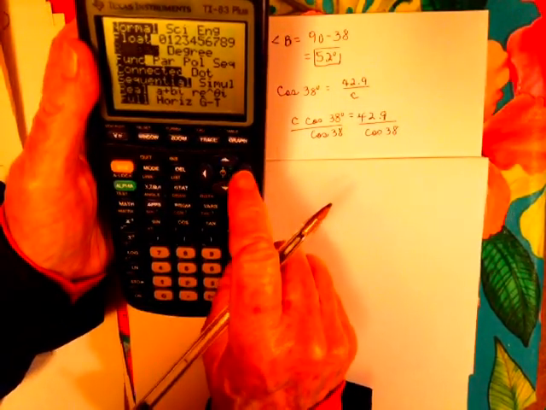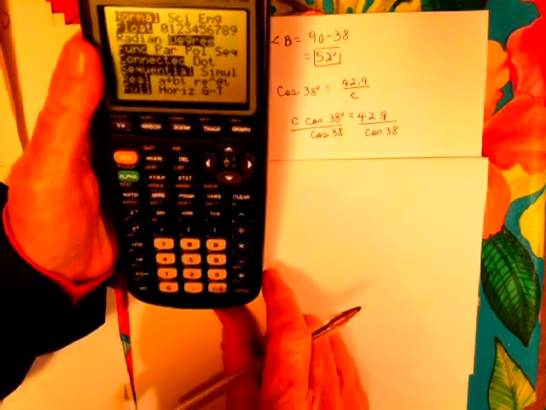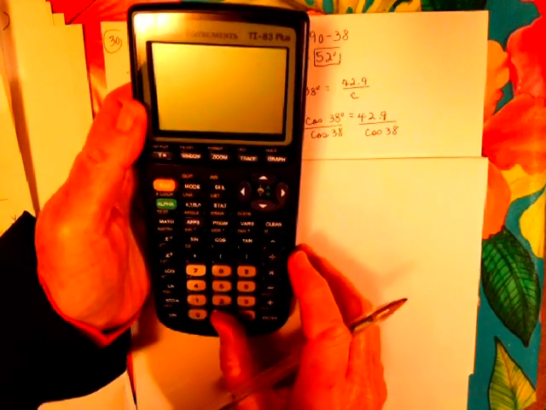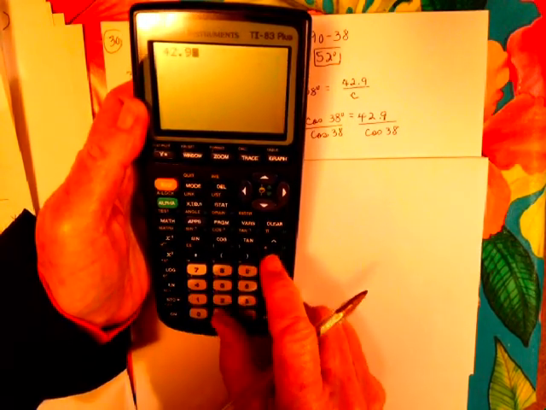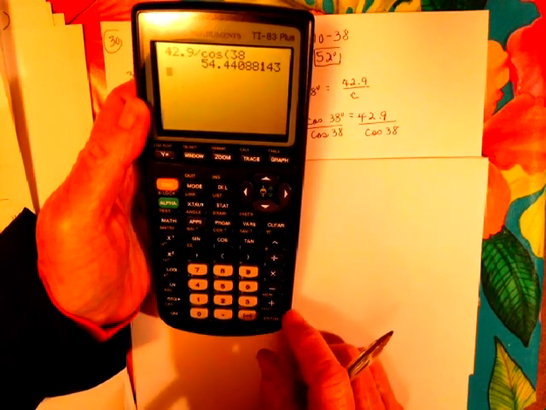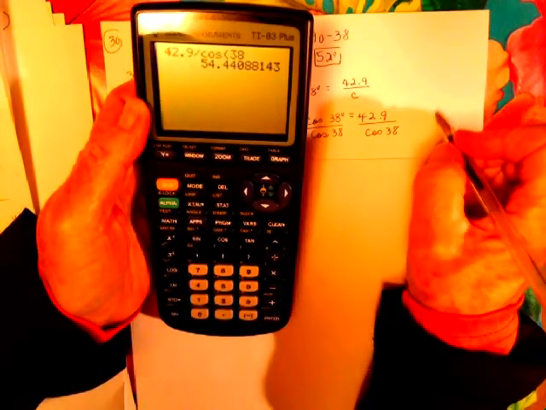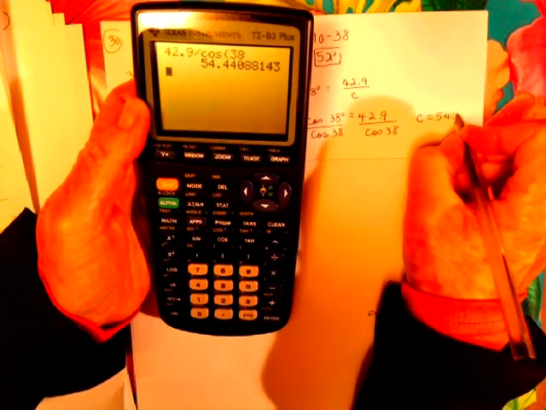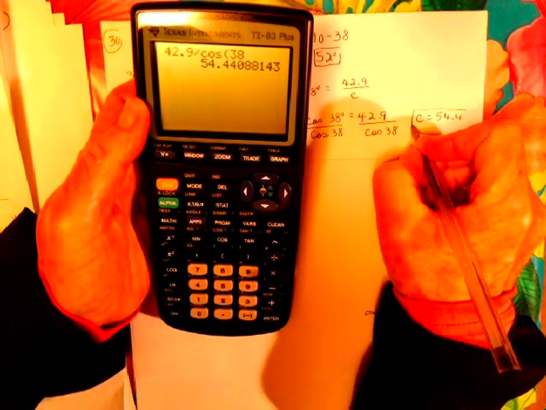Mode, go down here to degrees. Second quit. 42.9 divided by cosine of 38 equals 54.4. Got another one of my answers.